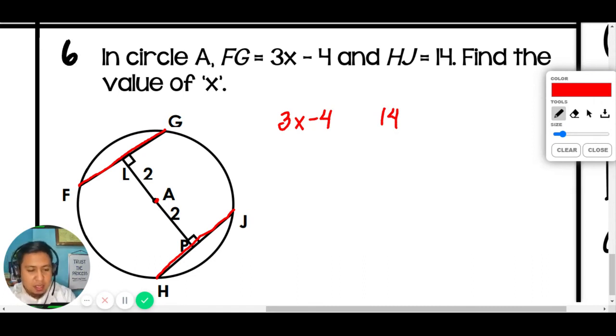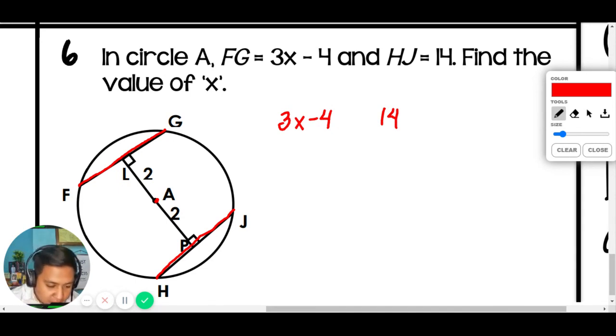And as you can see here, we have a measurement for segment LA and segment AP. Both of them have 2 units, meaning to say they are equidistant or having the same distance from the center. And we can apply the third theorem about arcs and chords, that in a circle, two chords are congruent if and only if they are equidistant from the center.